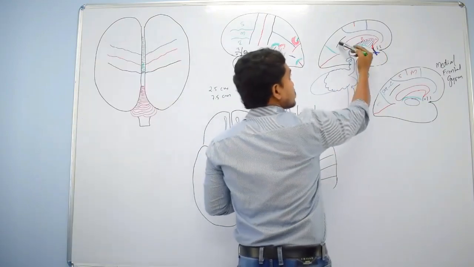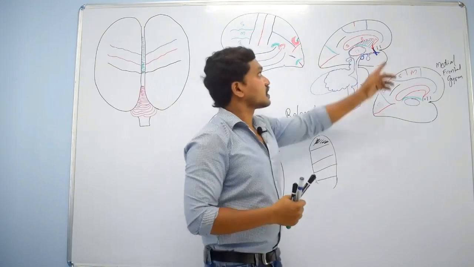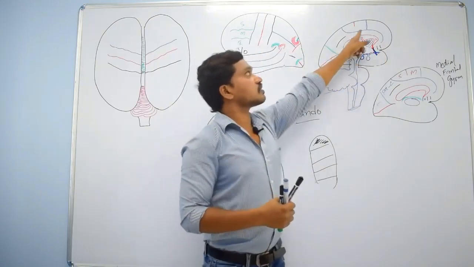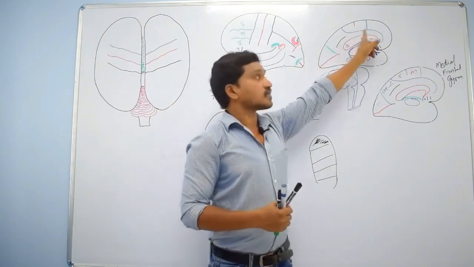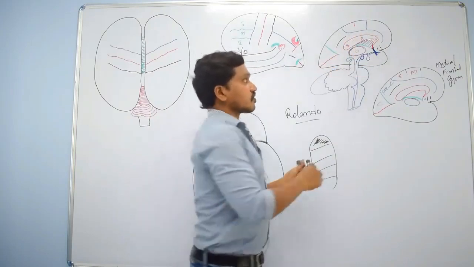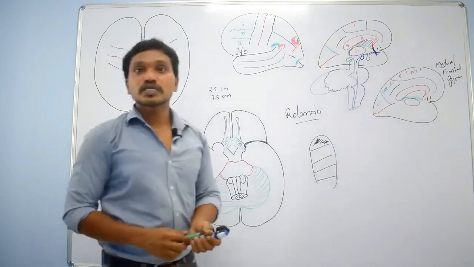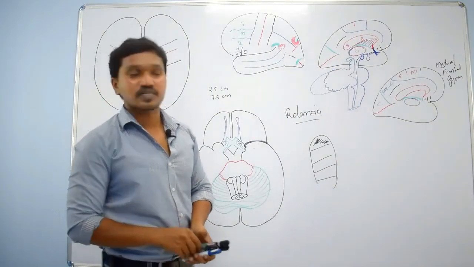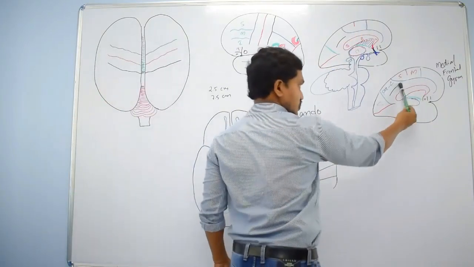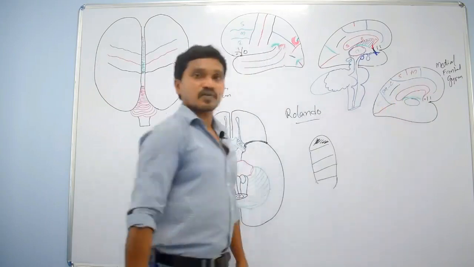Now here is one gyrus which is present between the corpus callosum and the cingulate sulcus. This gyrus we call the cingulate gyrus, right?